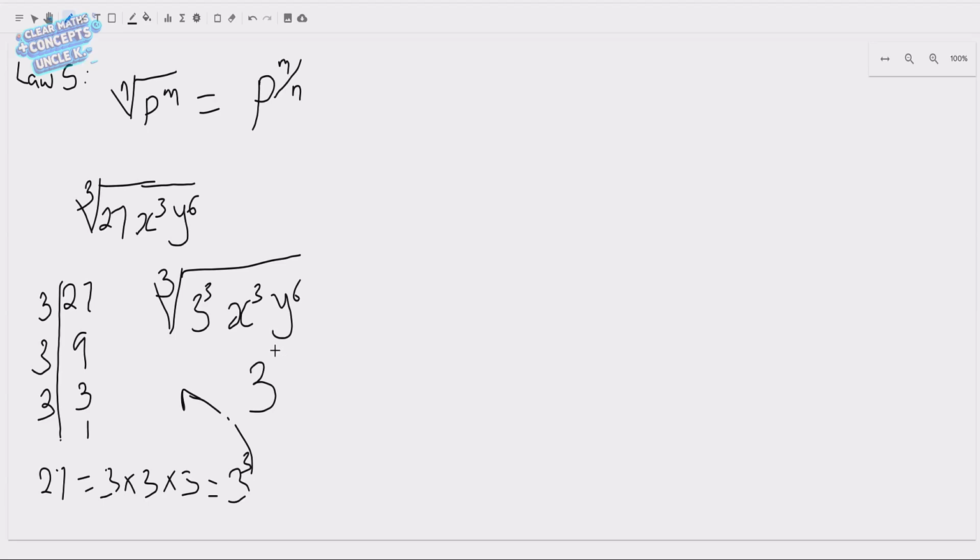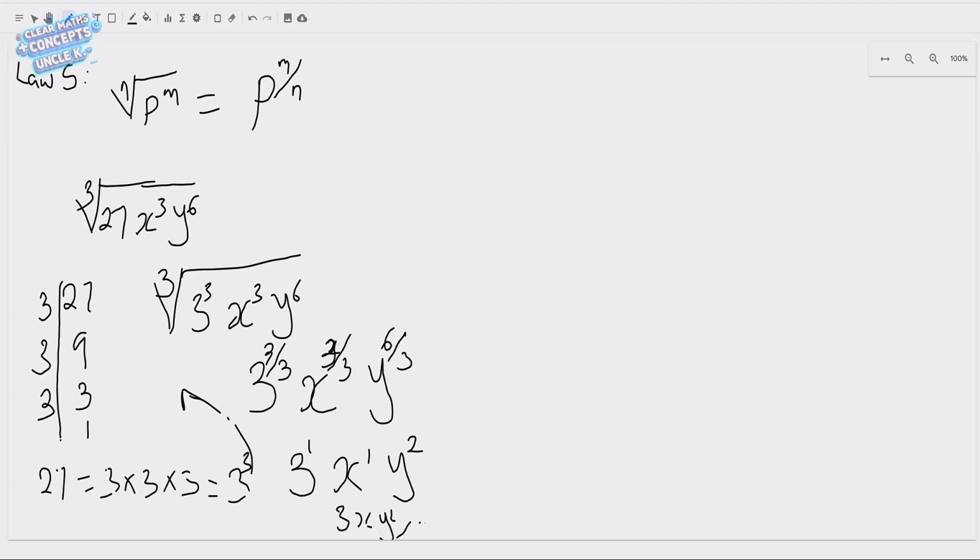So you have 3 divided by 3, x raised to the power 3 over 3, times y raised to the power 6 over 3. I hope you get that. It's quite simple. So this will give you 3 raised to the power 1. Oh, sorry, there's a mistake here. This should be 3. So you have x raised to the power 1, y raised to the power of 2. So your answer will be 3xy squared.